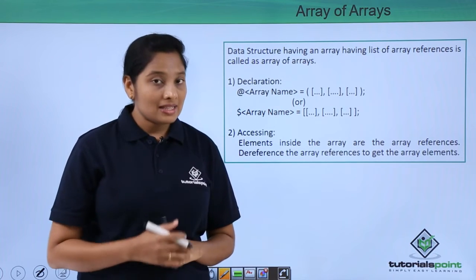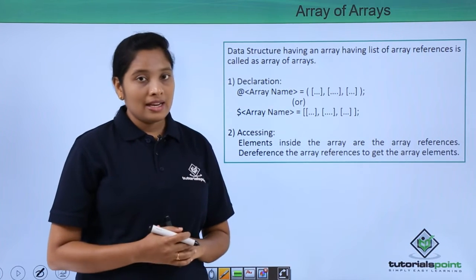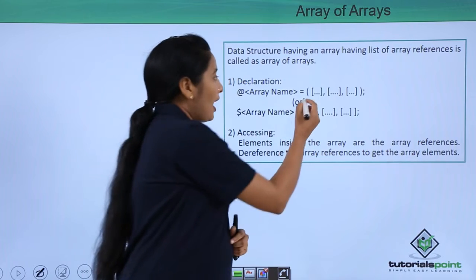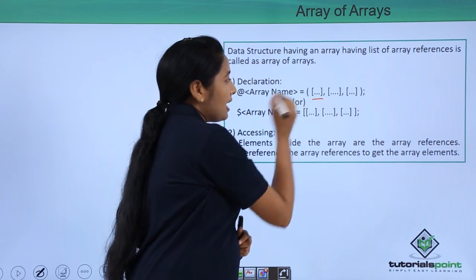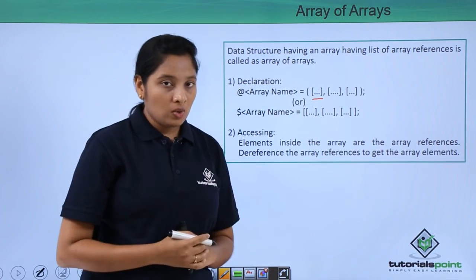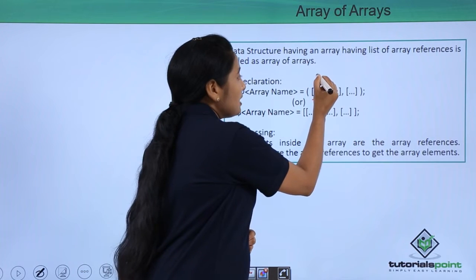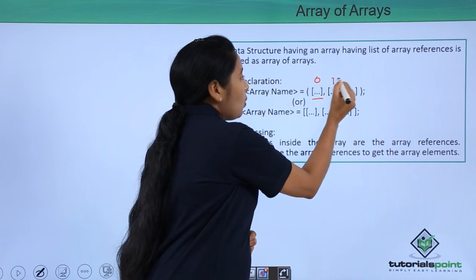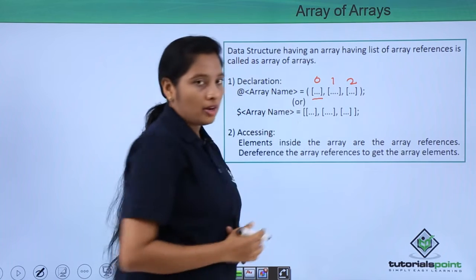Now, to access the elements in these array references, we already know that the array index number starts with 0, 1, 2 and so on.